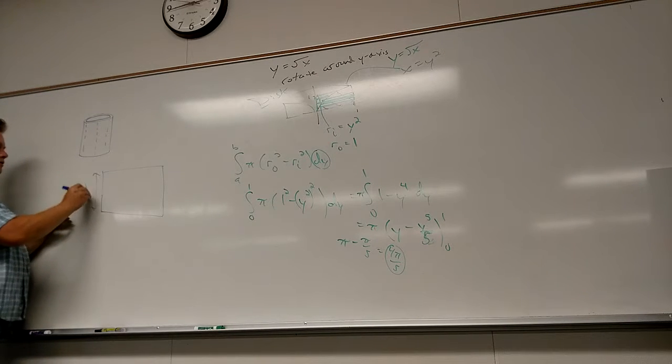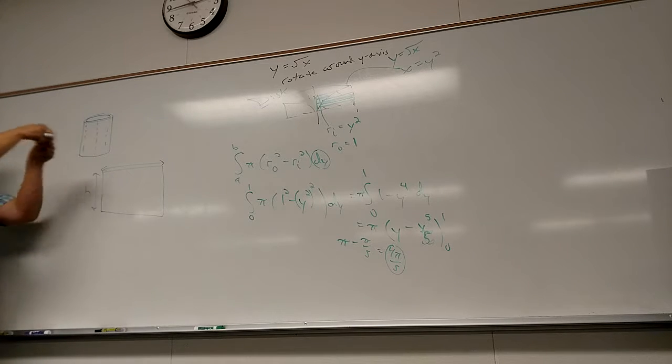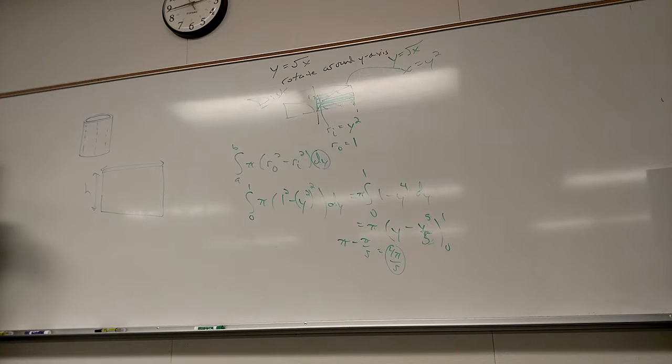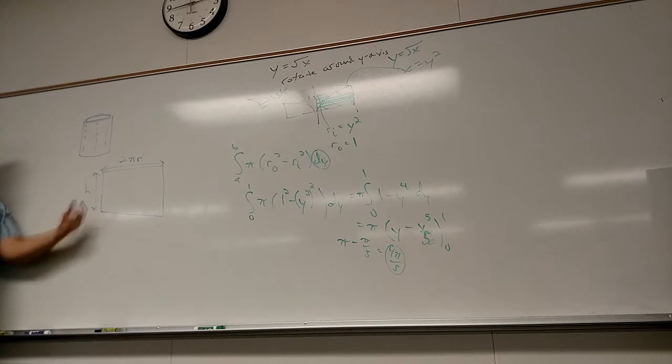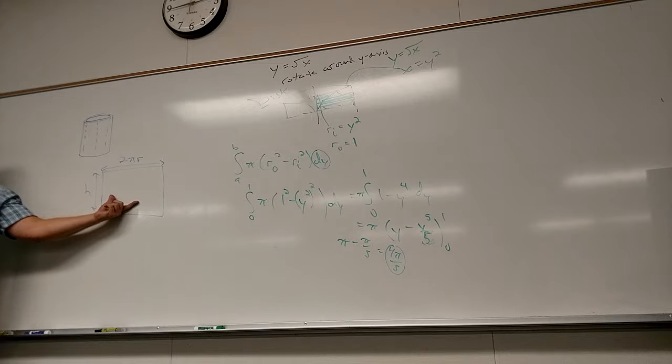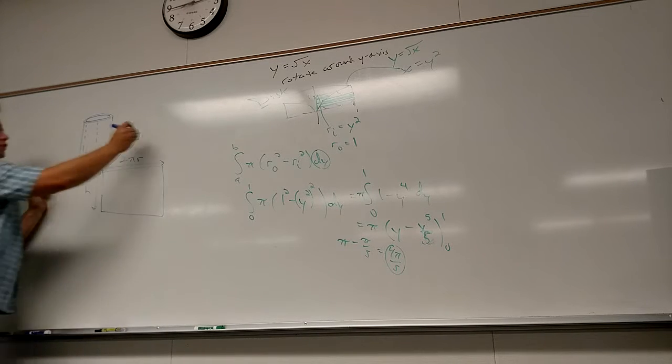This is the height. This would be what? This came from the circumference. So 2 pi r. So what is the area of that? 2 pi r h. So it's really boiling down to shifting the areas I'm working with into a rectangle, right? So 2 pi r h.